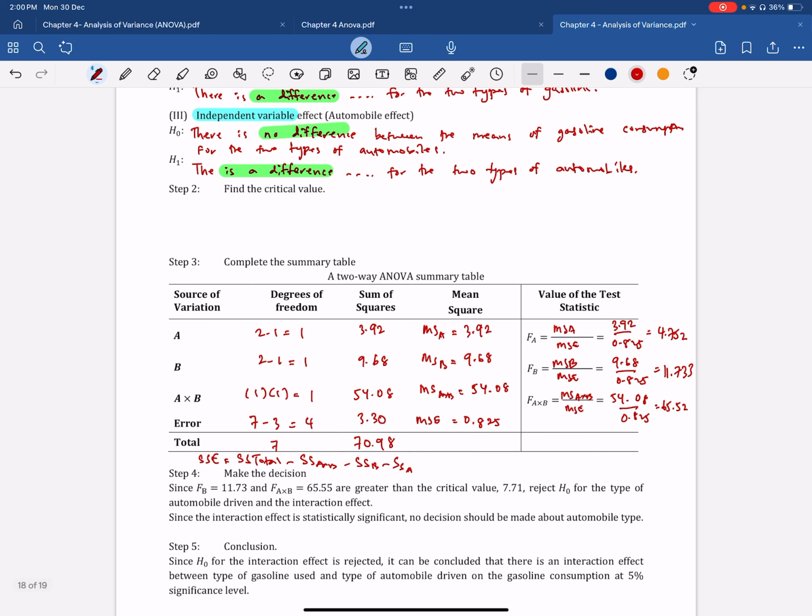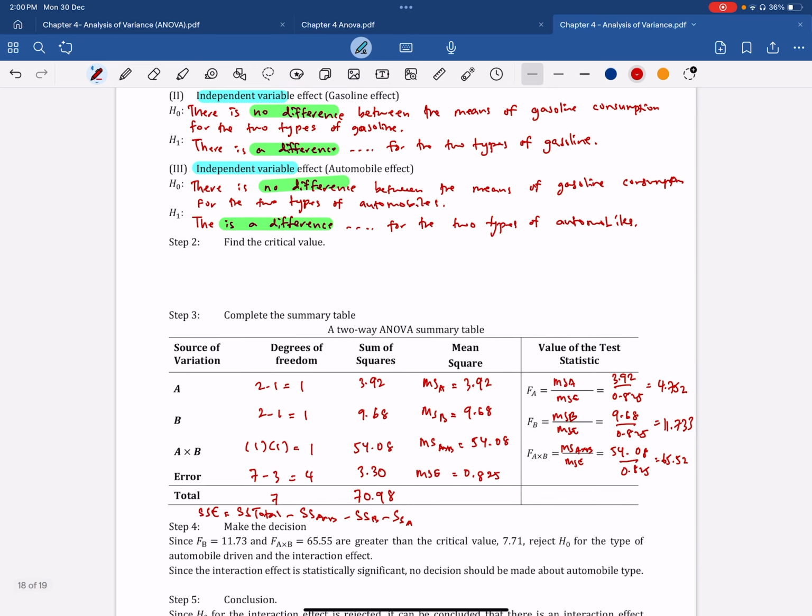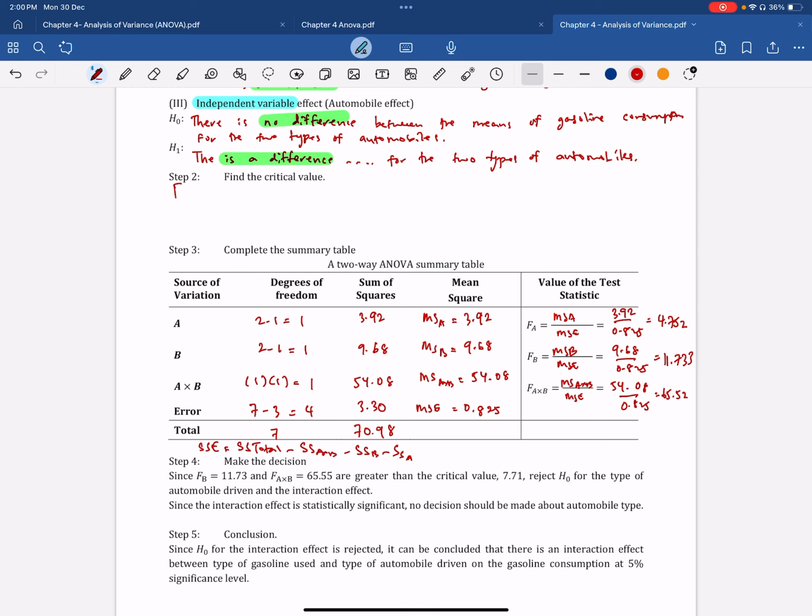Okay, so for the critical value, as I mentioned, it depends on the degree of freedom for the source of variation and the error. So for each of these hypotheses, you have to compare FA versus F1,4, FB versus F1,4, and FAB versus F1,4.